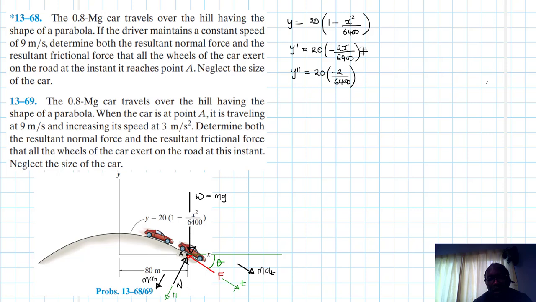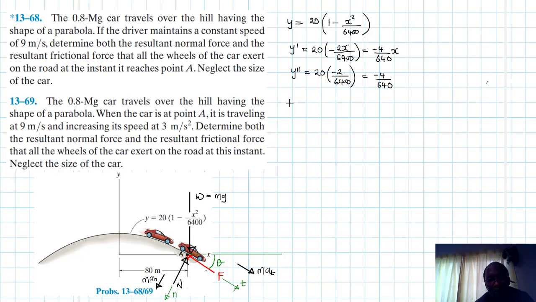So if we worked this out, it becomes 20 by 2 divided by 6,400. Alright, we'll leave it like this, so that it doesn't become too small. So this just becomes 4x divided by 640, and this one just becomes minus 40 over 640.